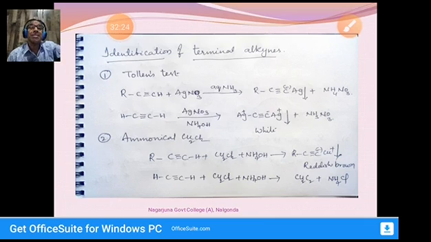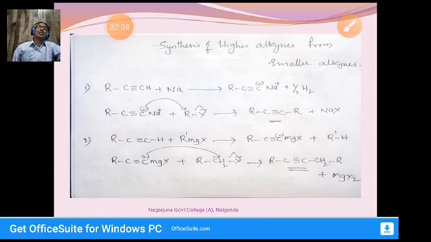Another is reaction with ammoniacal cuprous chloride. Terminal alkynes give a reddish brown precipitate with ammoniacal cuprous chloride. With these two reactions, we can differentiate terminal alkynes from non-terminal alkynes.